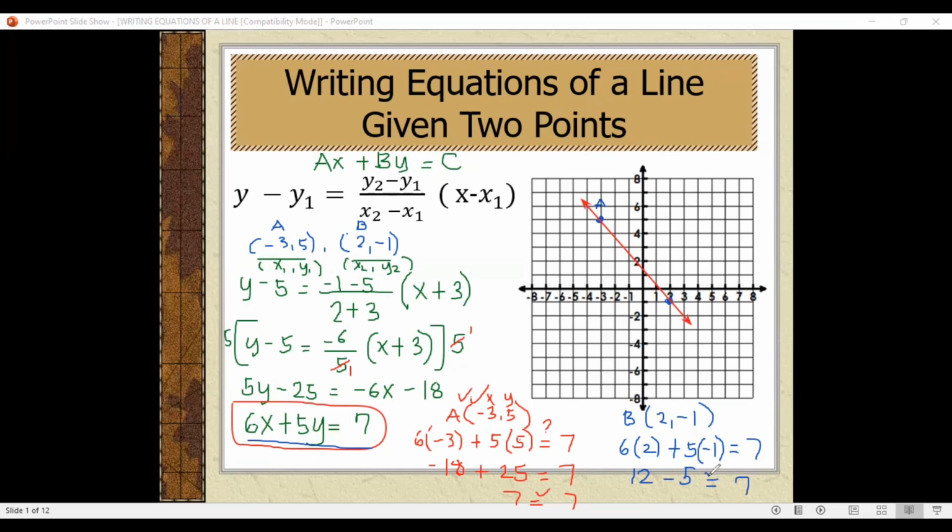So therefore, the equation is also satisfied. So the equation of the line that passes through the points -3, 5 and 2, -1, which is illustrated in this Cartesian plane, is 6x plus 5y is equal to 7.